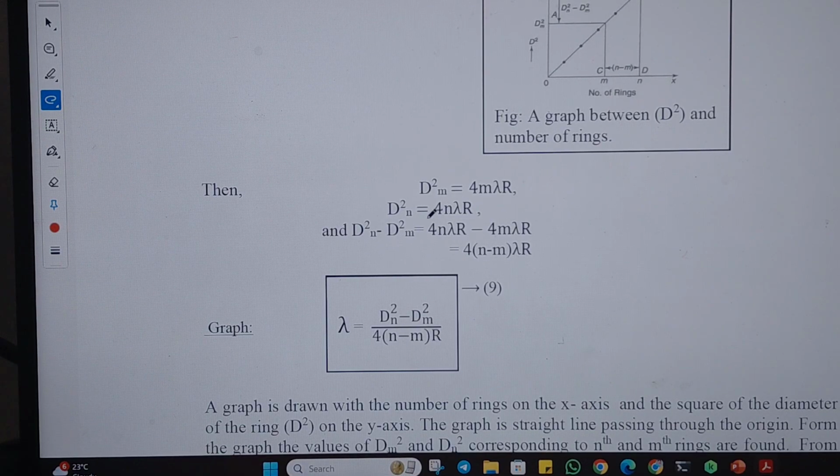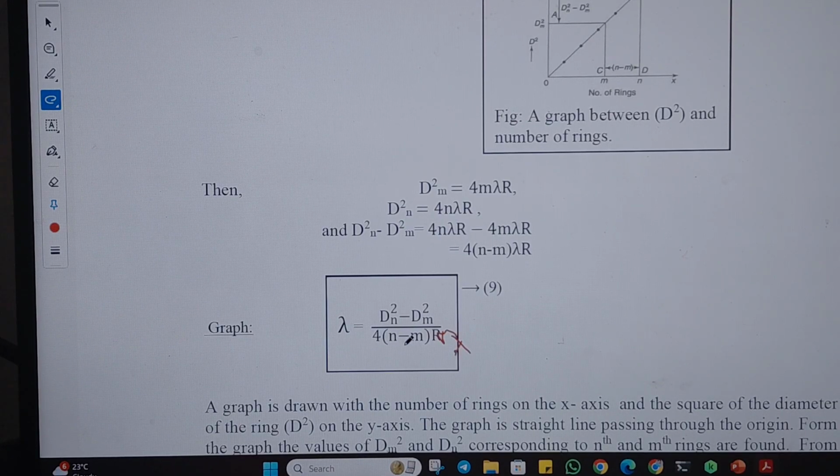So Dn square minus Dm square equals 4n lambda R minus 4m lambda R. We can take the common lambda R, so it will be 4 times n minus m times lambda R. So the wavelength, lambda equals Dn square minus Dm square divided by 4 into n minus m into R.